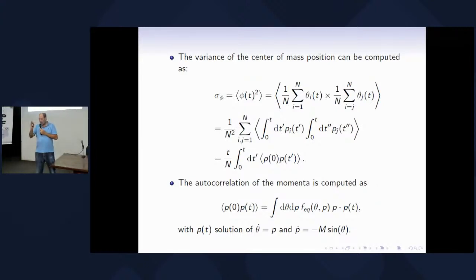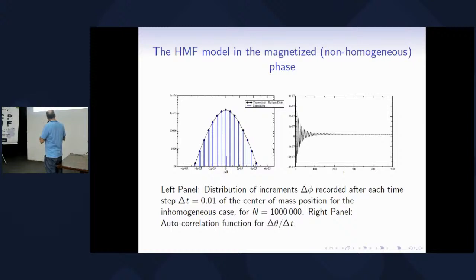For each particle in excess, it will jump a finite quantity, and then we have the Skellam distribution, and we can compute this by a simulation also. And here we have the theoretical Skellam distribution in black, and in blue the histograms for the jumps in the center of mass position, which is exactly the same. It fits very well.